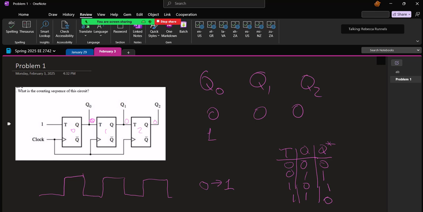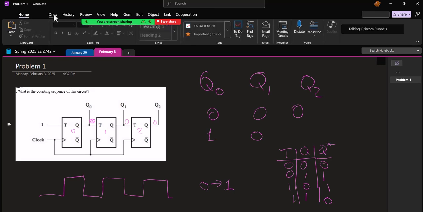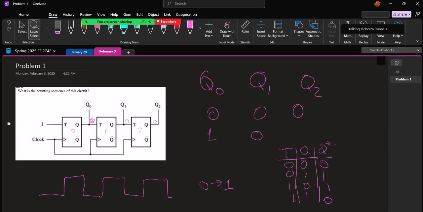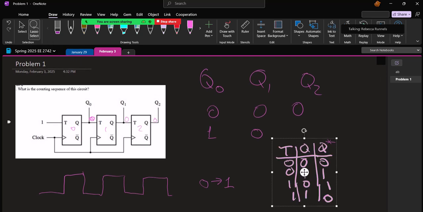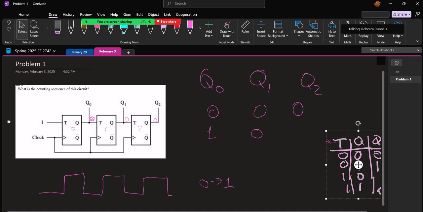It was 0 because Q0 is the input into Q1. And what happens if the T is 0? No change. What's my input into flip-flop 2? It's also 0. So what's going to happen to its output? It's not going to change. It's also not going to change.